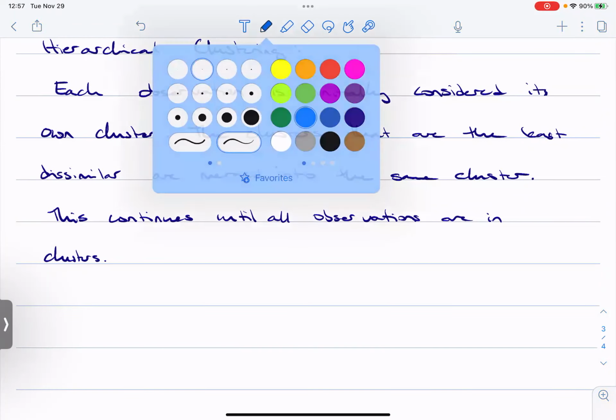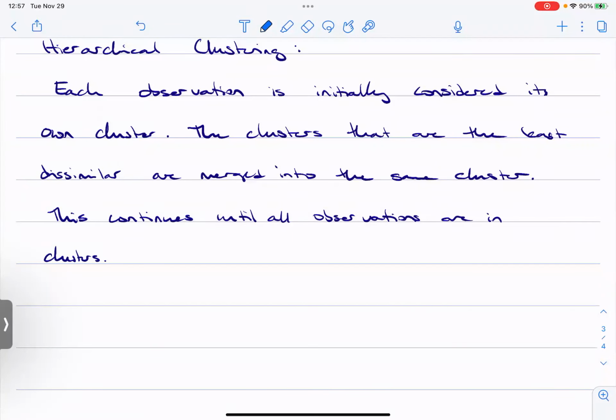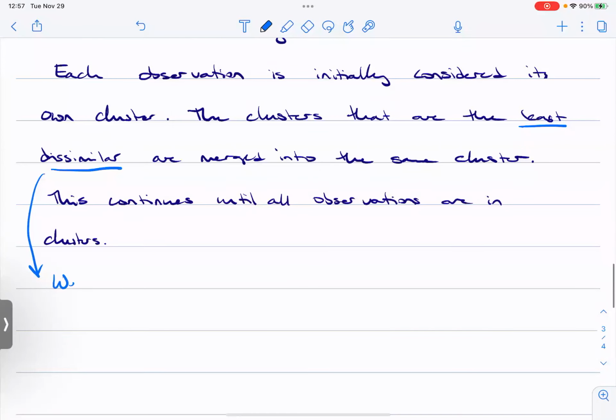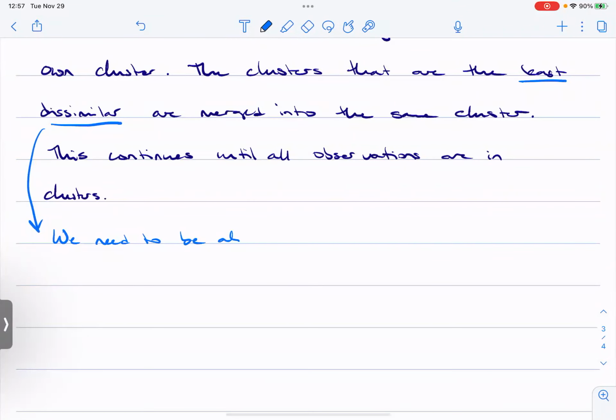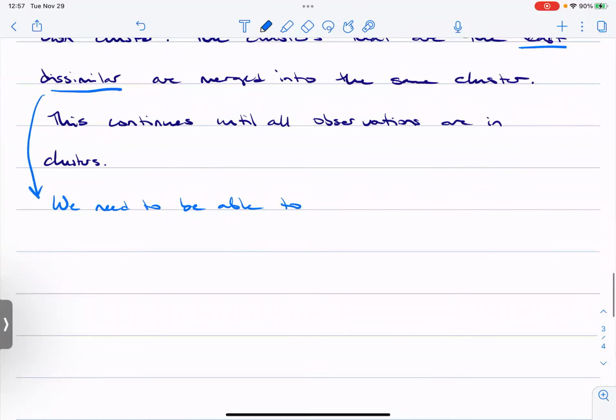So the least dissimilar, where did we say that? The least dissimilar means that we need to be able to measure dissimilarity between two clusters.